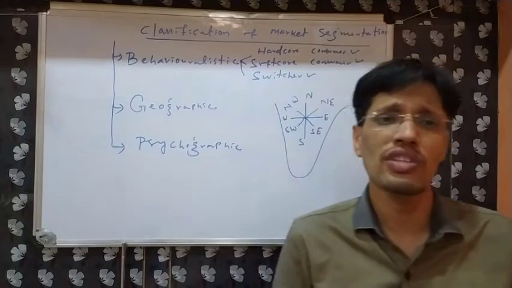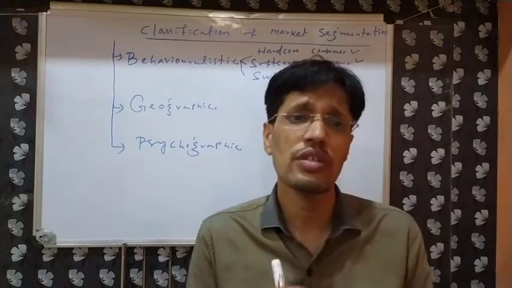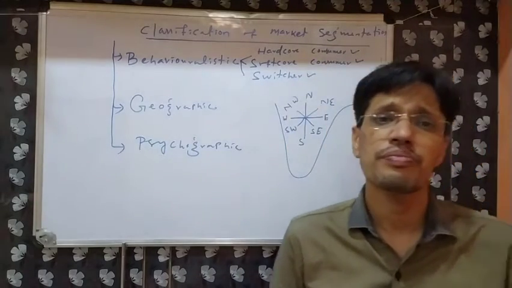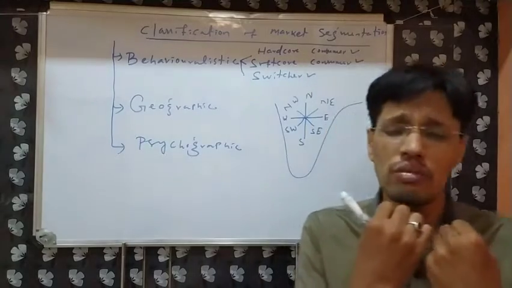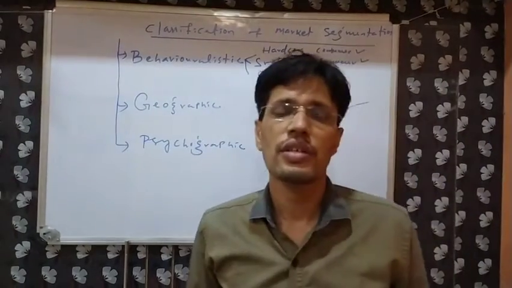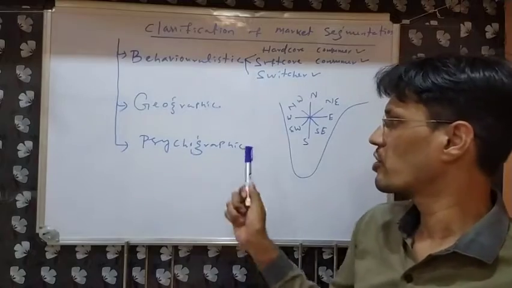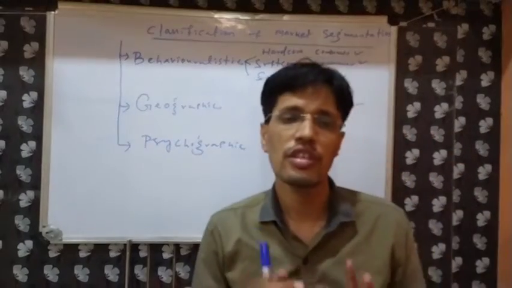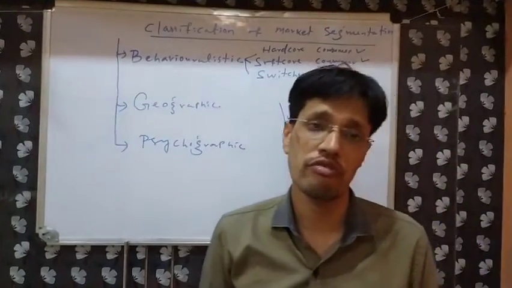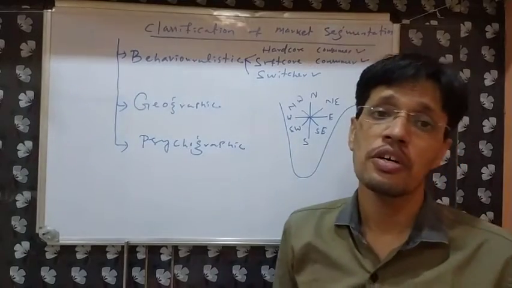aspect of the individual, which is nothing but understanding people's inherent nature. So the last part, that is the psychographic factor, where we have to consider the different psychological aspects of individuals while segmenting the market.